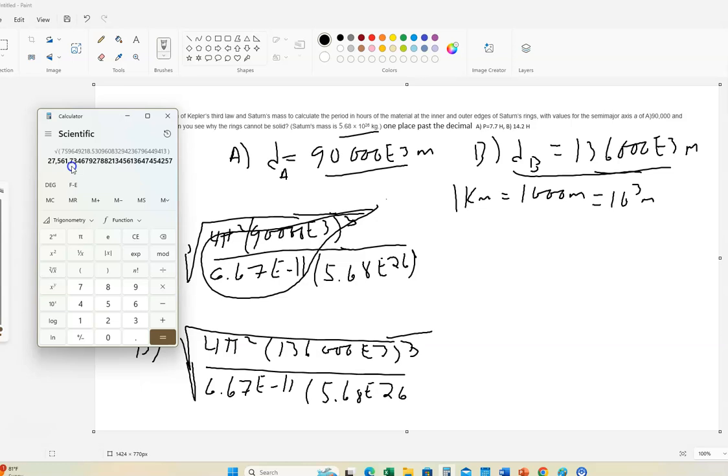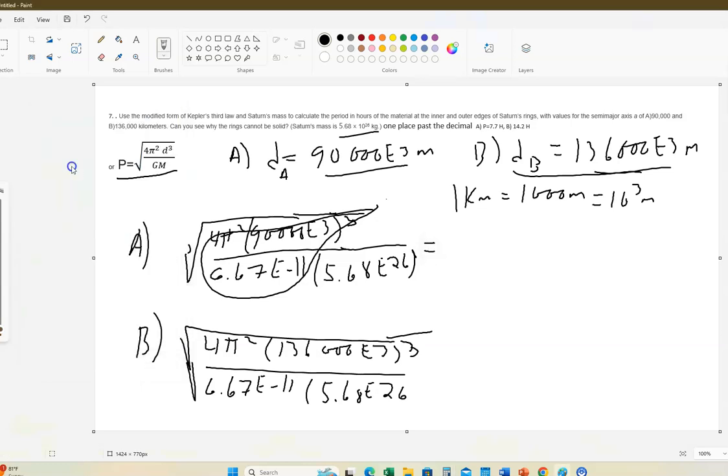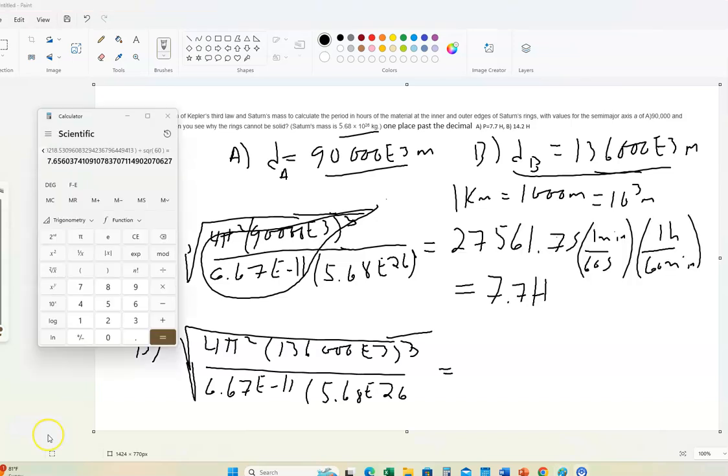I'm running out of time. So you get an answer of 27,561.7 and more seconds. Divide by 60 squared, you get 7.65 or 7.7 hours. Let me do the next one.